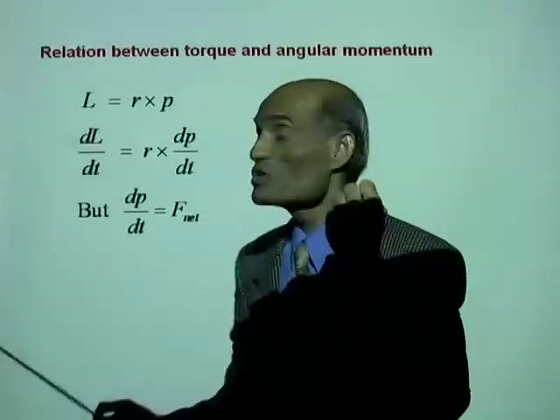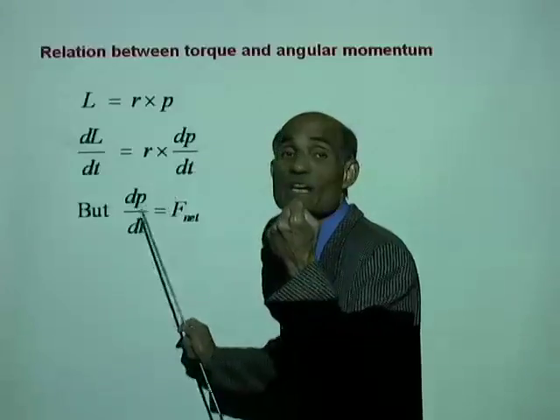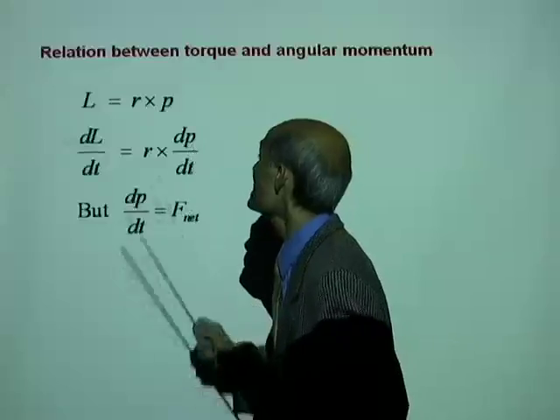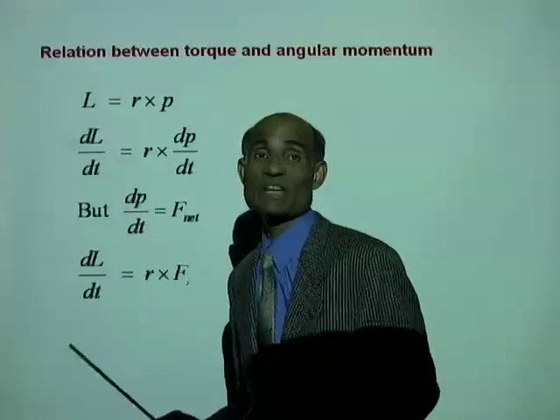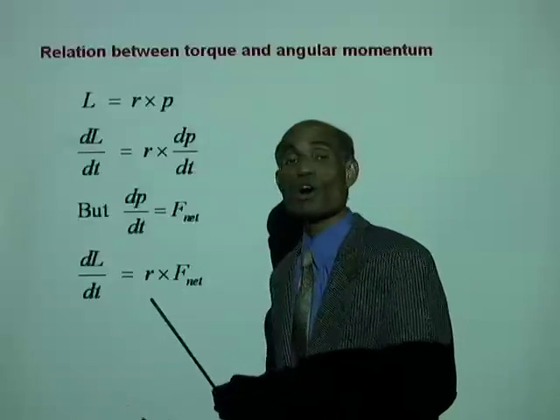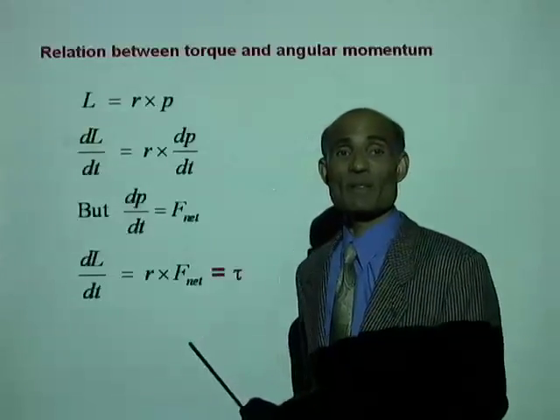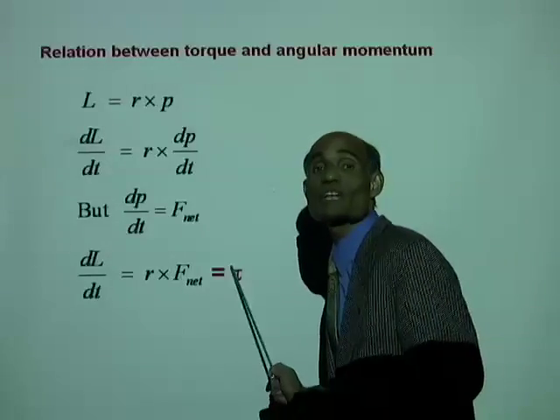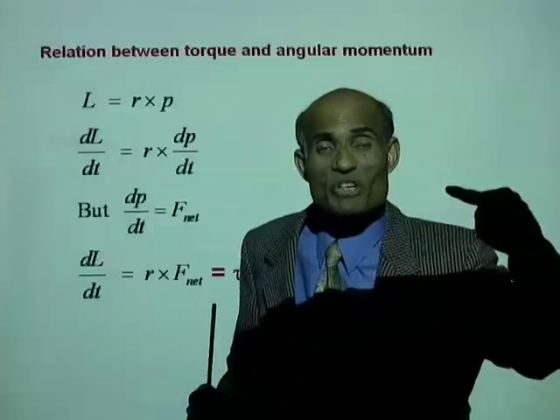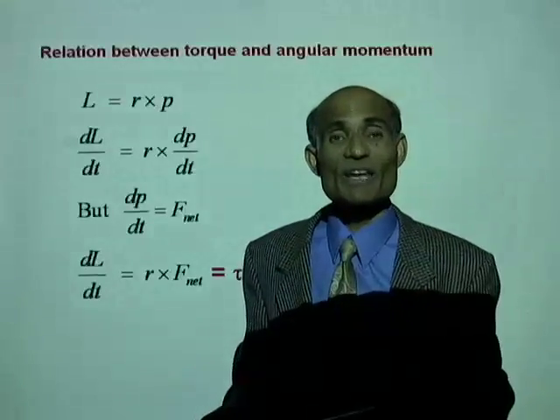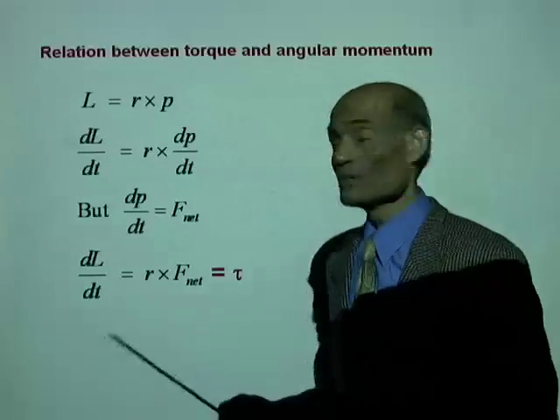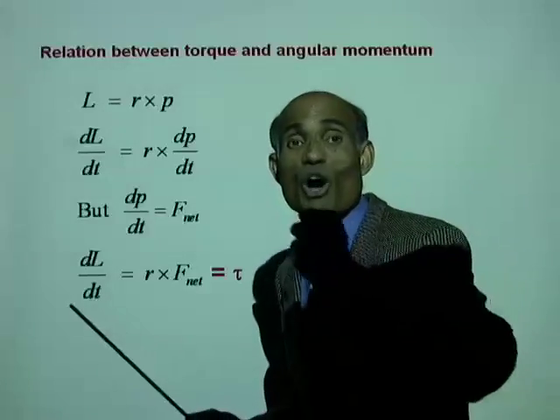The rate of change of linear momentum is a measure of the force. So dP by dt can be replaced by F net. Therefore, dL by dt equals R cross F net. Well, R cross F net is what we called tau, torque, isn't it? Is that the definition we just did earlier in part 1 of this lesson? Yes. Torque is R cross F.